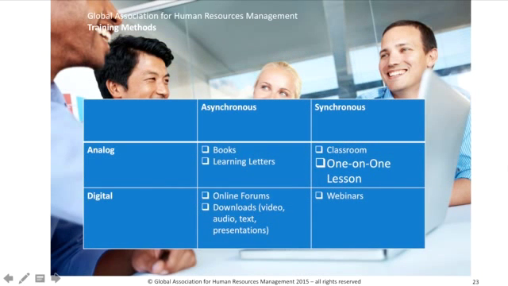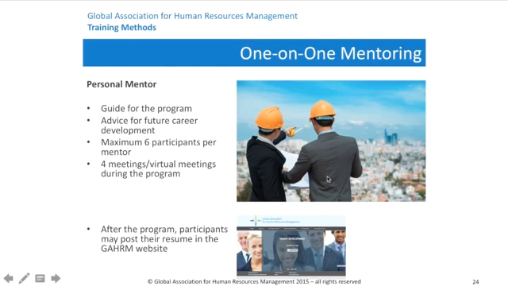Now to one-on-one lessons. We also offer personal mentorship for the participants. The personal mentor is a guide for the program and should give some advice for future career development. So get an understanding of what the participants want to achieve, and then give advice based on your experience in a coaching way.